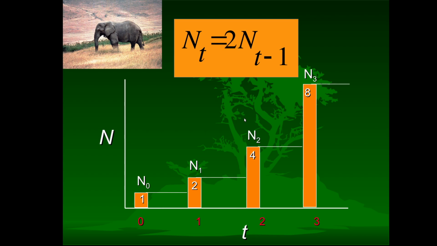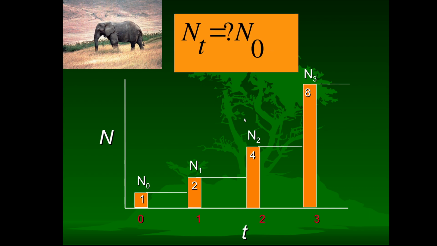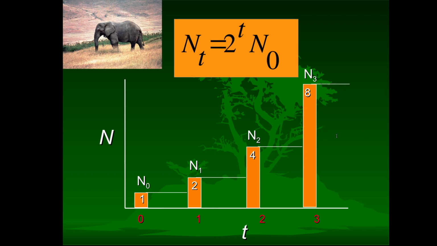So how do we calculate the population size after many generations? Well, we start with N at time 0, multiply it by 2 to get N at time 1, and we multiply by 4 to get N2, by 8 to get N3, by 16 to get N4, and so on. So the general rule is N after t generations is N at time 0 multiplied by 2 taken to the t power.